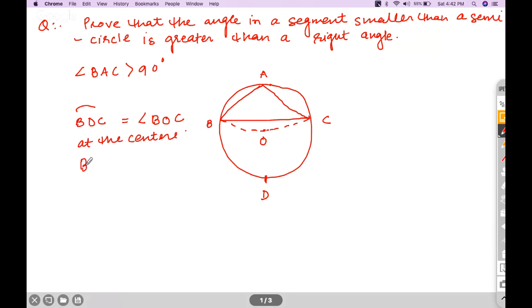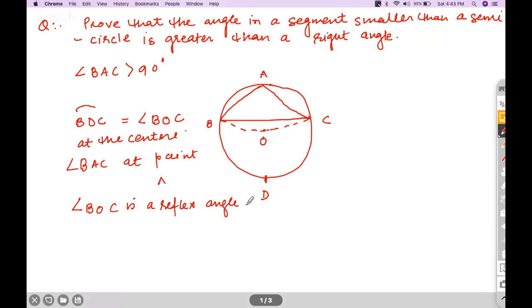And angle BAC at point A. Now I know that angle BOC is a reflex angle.